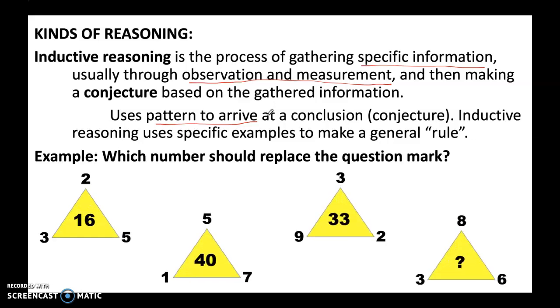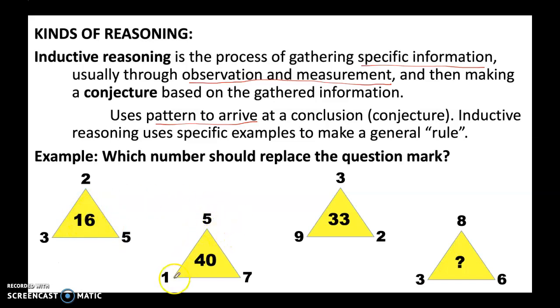Let's have an example. Which number should replace the question mark? Based on the three given, we look for the pattern in order to come up with the conclusion. So we have 2, 3, 5, and 16.